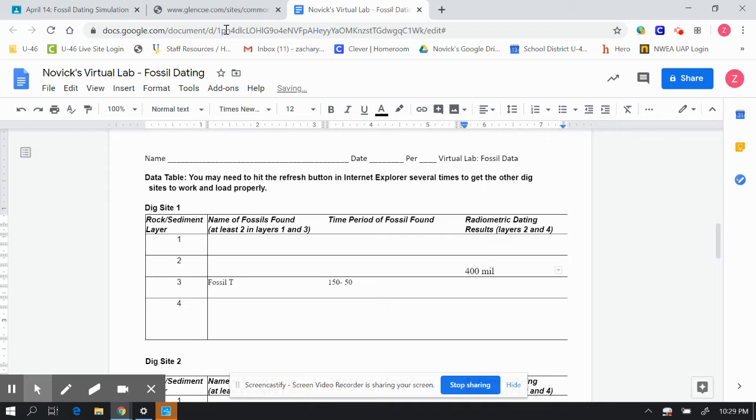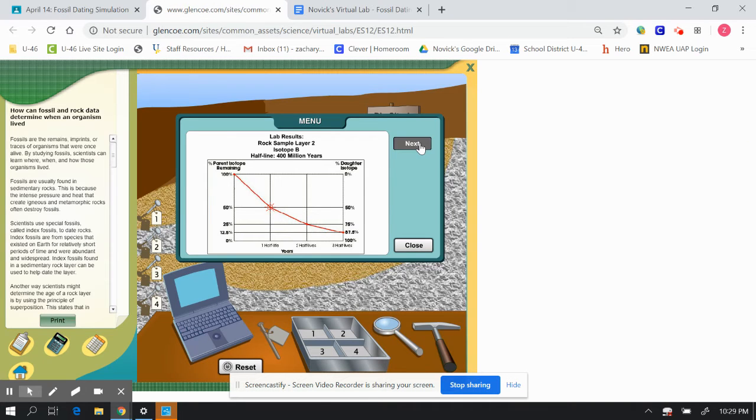All right, and now in our next sample, rock layer sample layer 4 has a half-life of 550 million years and has also gone through one half-life.